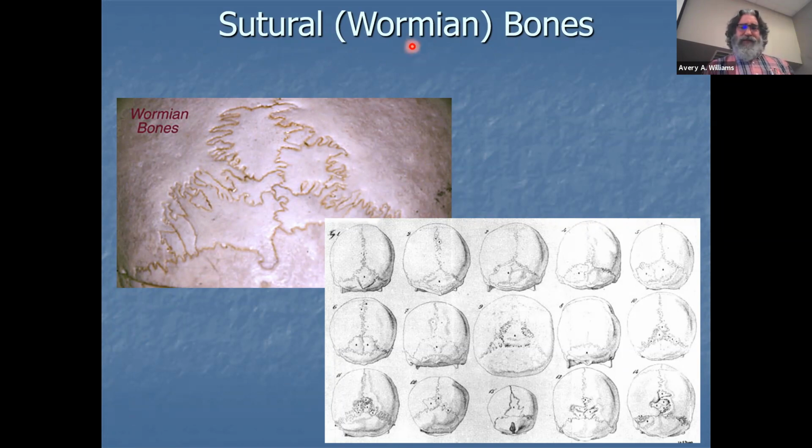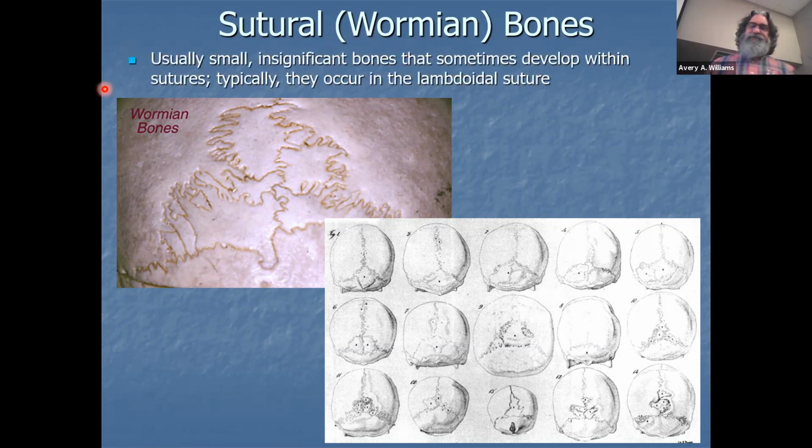That's somebody's name, wormian. Wormian bones or sutural bones, the same thing. What are they? Wormian bones or sutural bones, they're usually small, insignificant bones that sometimes develop within sutures. Typically, they occur in the lambdoidal suture.